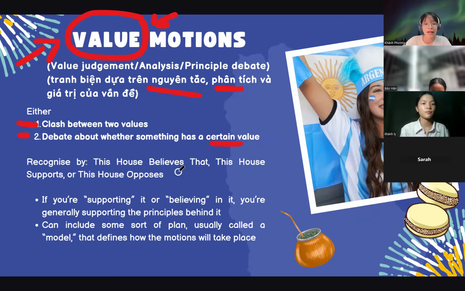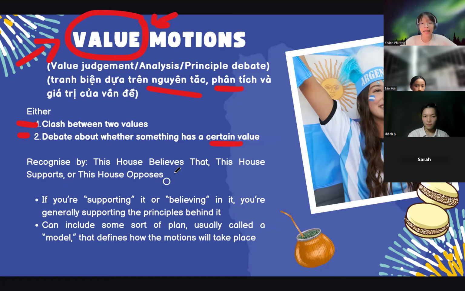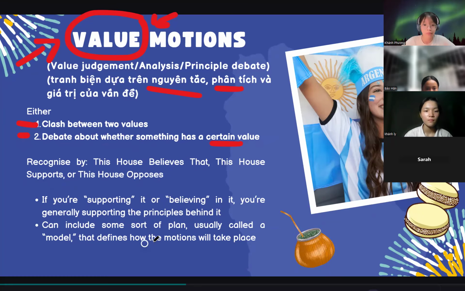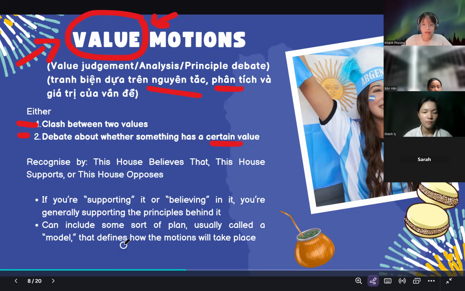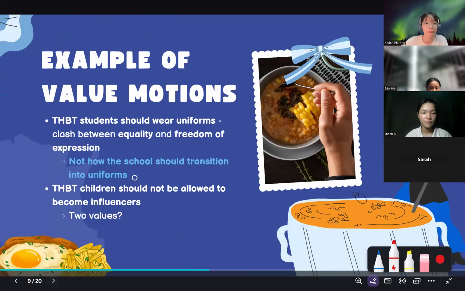So it can be like this house believes that, this house supports, or this house opposes, right? Because if you are supporting or believing in something, then you are basically supporting the principle behind it. Là mình đang ủng hộ cái nguyên tắc đằng sau nó ấy. So everything has an explanation. And when you debate these kinds of motions, you can define and explain how it looks like.